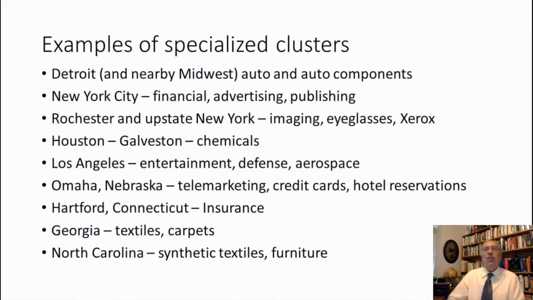Of course, the classic one is manufacturing automobiles in Detroit. The American automobile industry has been hard hit. Detroit has been hard hit with closing of a lot of factories, but there's still some there, and the auto industry, because it's a big, bulky product and requires a lot of specialization, the auto assembly industry and the auto parts industry, who makes the glass, who makes the tires, who makes the batteries, and so forth, hasn't really left the upper Midwest.